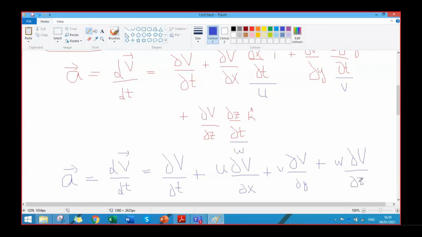There will be an i component here, a j component here, and the w component, k component here. Clear?